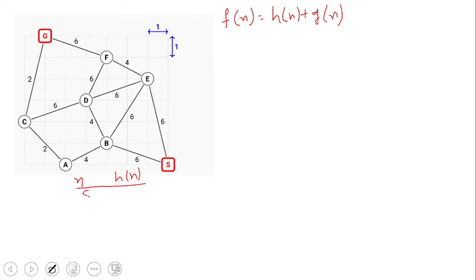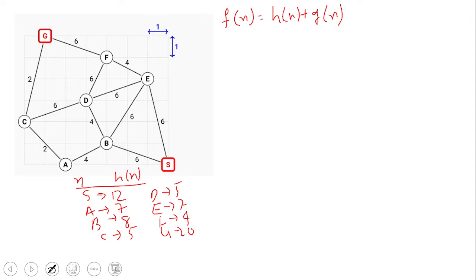Okay. So yes, we are having the Manhattan distances. S is having 12, A is having 7, B is having 8, C is having 5, D is having 5, E is having 7, F is having 4, and obviously G is having 0.